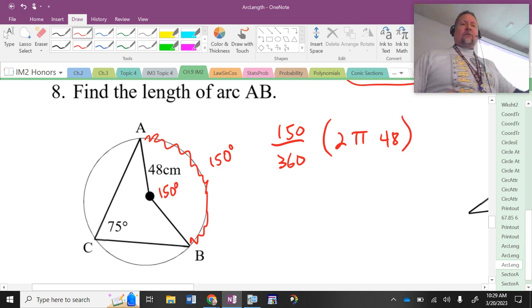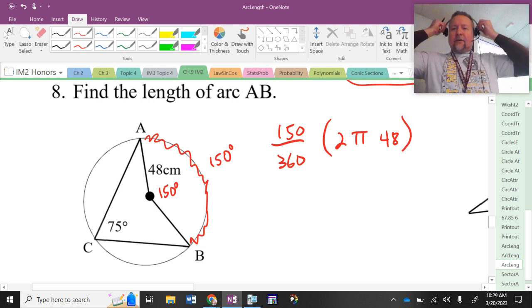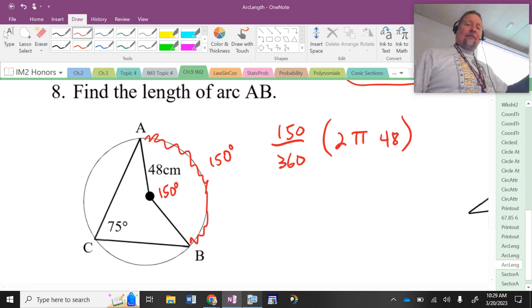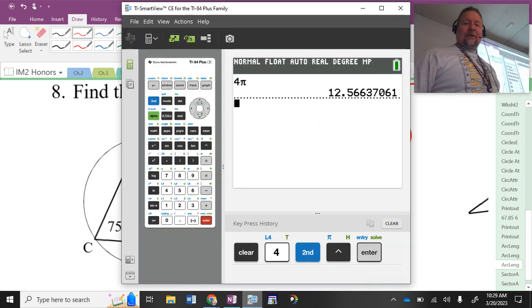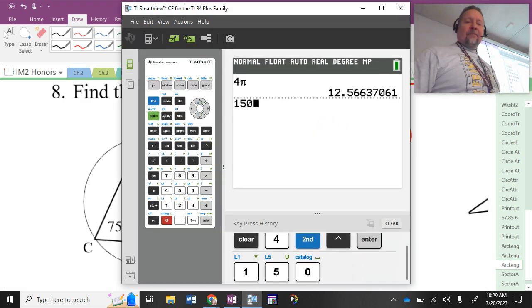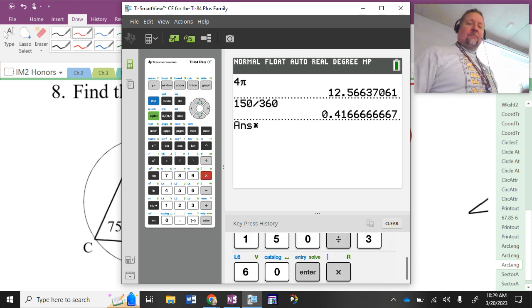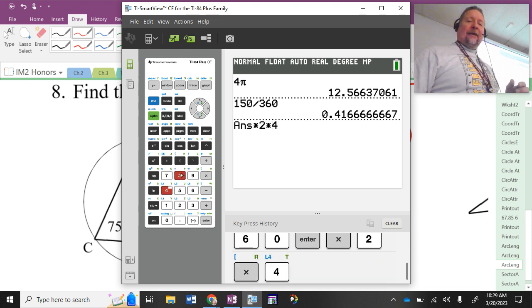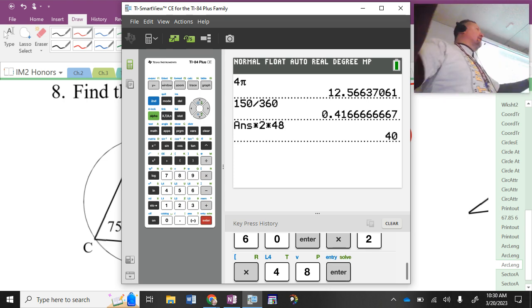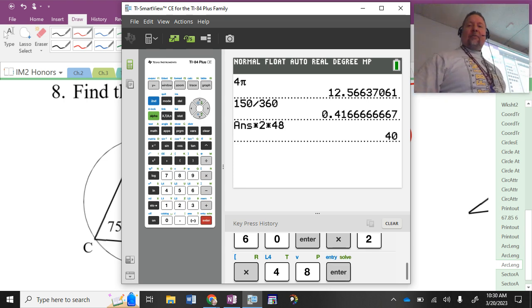All right, I don't know if this one worked out so well. Somebody go grab my calculator. No, never mind. I forgot already. So 150 divided by 360, enter, times 2. What was it? Times 48? Was it 48? Yes. Well, there you go. That ended up working out perfect.